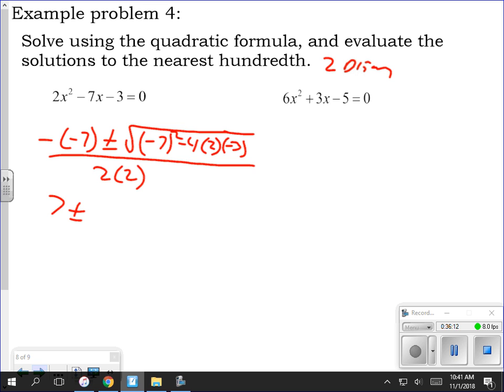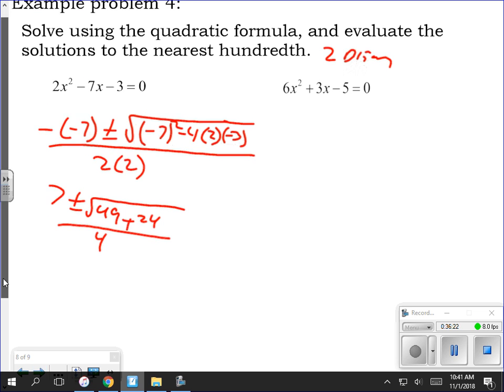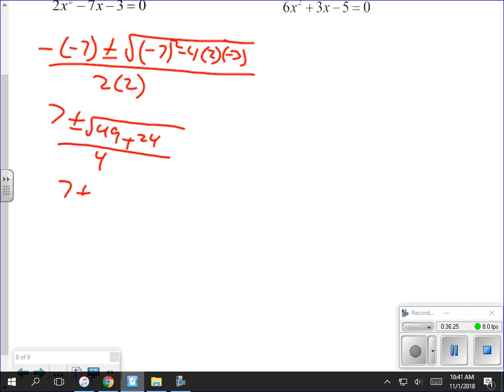So I have 7 plus or minus the square root of 49 plus, because it's 2 of them, 8 times 3 is 24, over 4. So I get 7 plus or minus the square root of 49 plus 24, that's 73, over 4. And then you get your calculator.